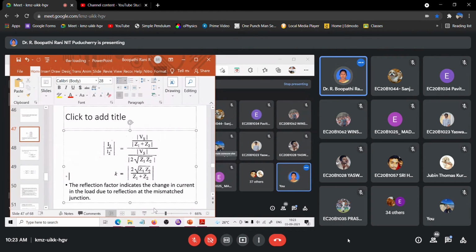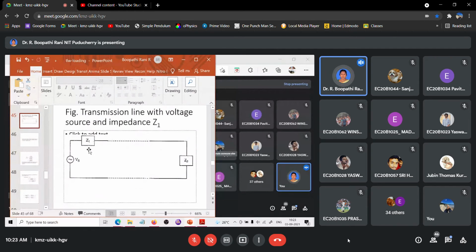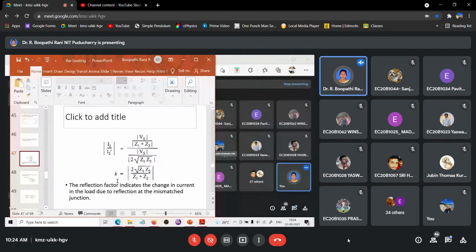Here Z1, Z2 are given. Z1 is the source impedance, Z2 is the load impedance. Then the reflection factor, small k, equals the magnitude of 2 square root of Z1 Z2 divided by Z1 plus Z2.